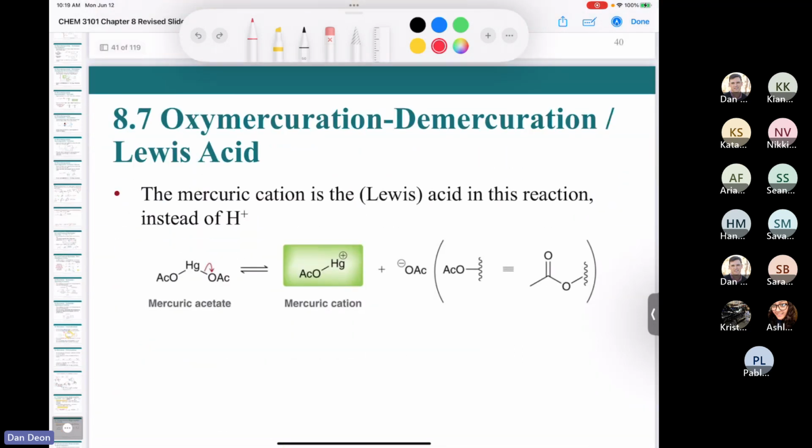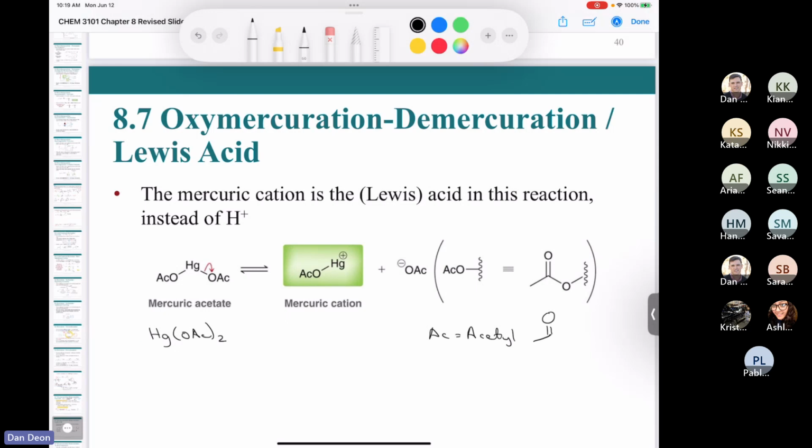So here's what happens. You have this reagent, which is called mercuric acetate. That's this guy right here, okay? And for that, we just use the molecular formula, which is HgOAc2. Now, if you're like, what's an Ac, okay? An Ac group, so Ac stands for acetyl, which is this.